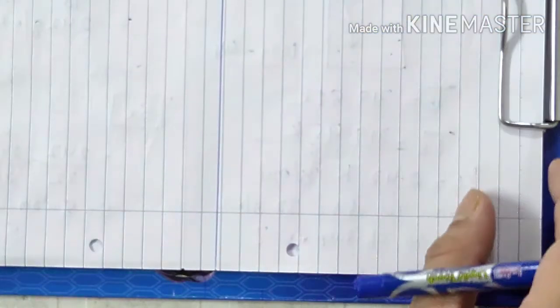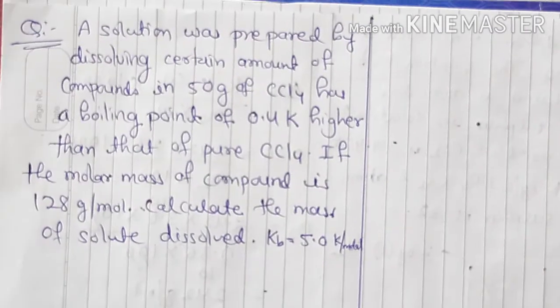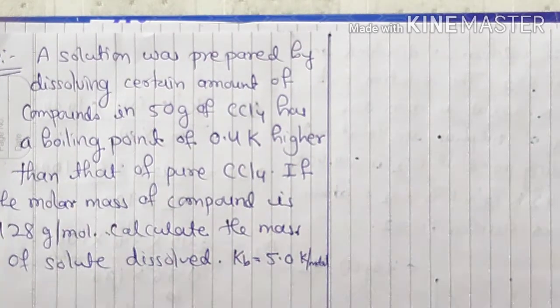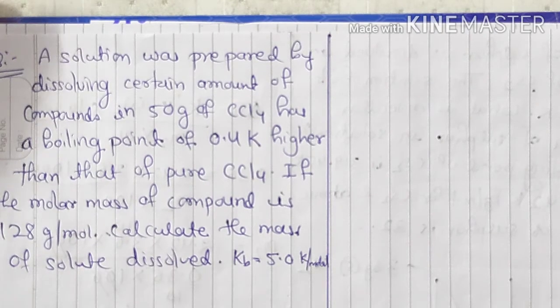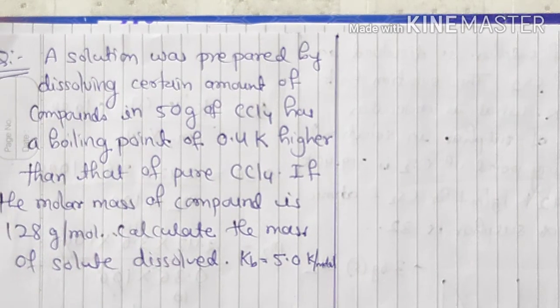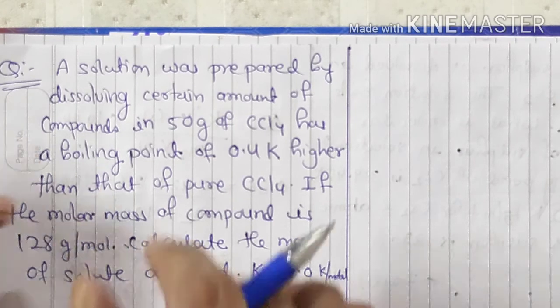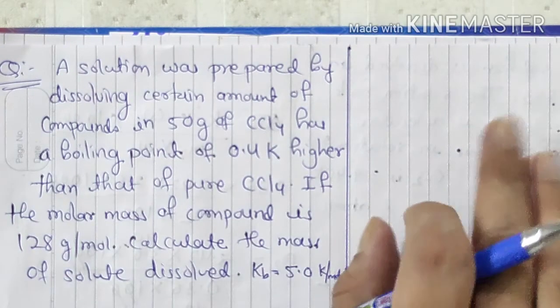Okay, moving to the next question. Questions are quite big, इसलिए मैंने पहले ही लिख लिया so that we don't face any problem while understanding it. Okay, now let's see. I will write the data over here.